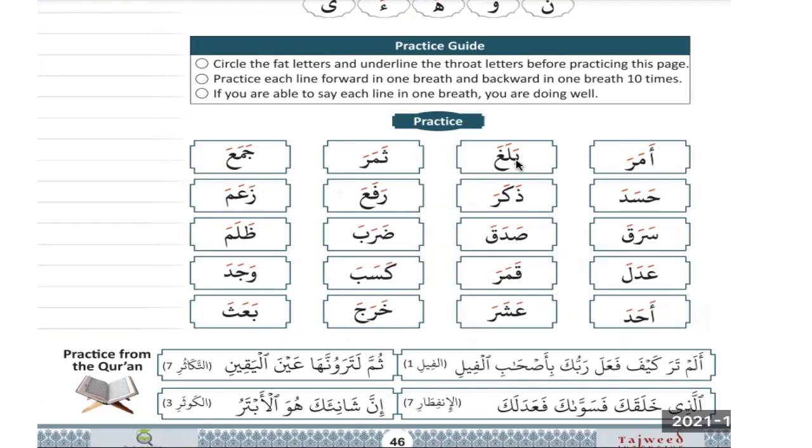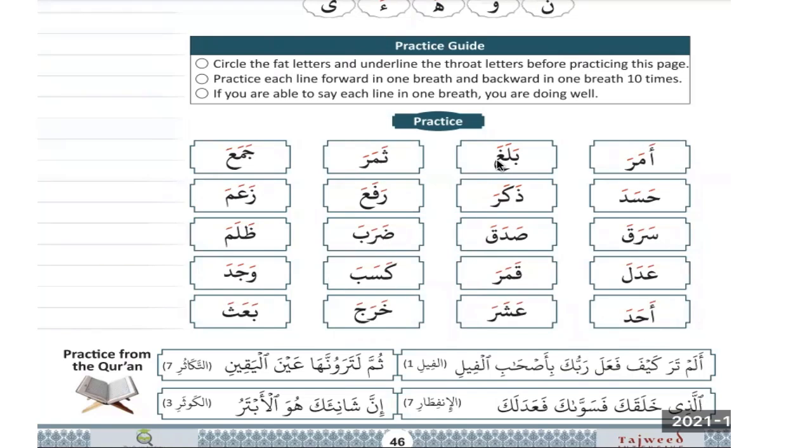The next one is ba. Again, ba, we are using both lips, the wet part of the lips. Ba, and then la. Bala, ba fatha ba, lam fatha la, bala, ghain fatha gha. Gha is a heavy letter from the 7 heavy letters. Also, what part do we use to pronounce this?